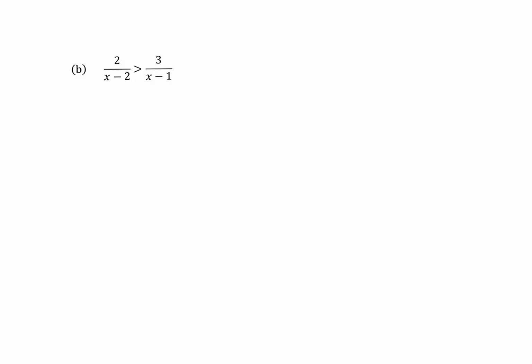So I'm going to minus 3 over x minus 1 from both sides. So this becomes 2 over x minus 2 minus 3 over x minus 1 greater than 0. So now I have 0 on one side. I have to combine these into one fraction on the left. So remember, not clearing fractions, building up so they have the same denominator.